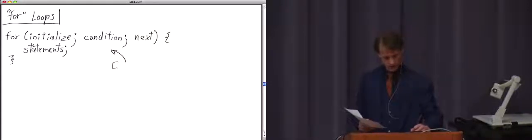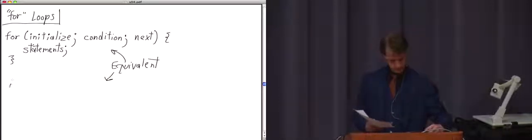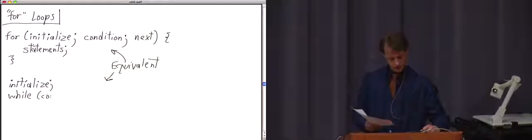And that is equivalent to the following while loop. A while loop where we do the initialization once. Then we do a while loop on the condition. And then we have the statements inside.